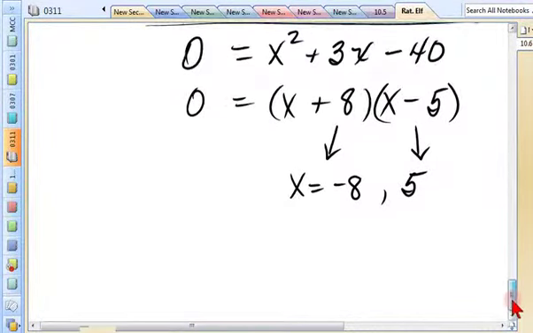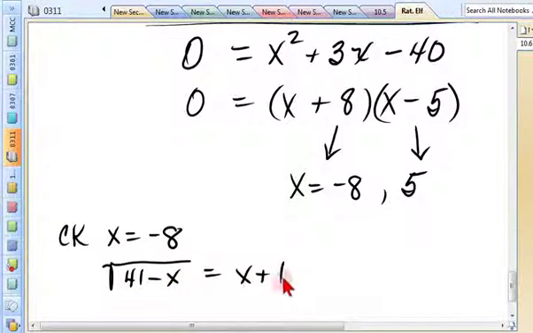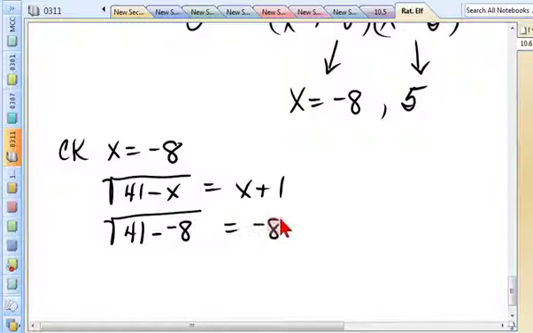All right, I'm going to check x equals negative 8 in the square root of 41 minus x equals x plus 1. That's the square root of 41 minus negative 8 is equal to negative 8 plus 1.